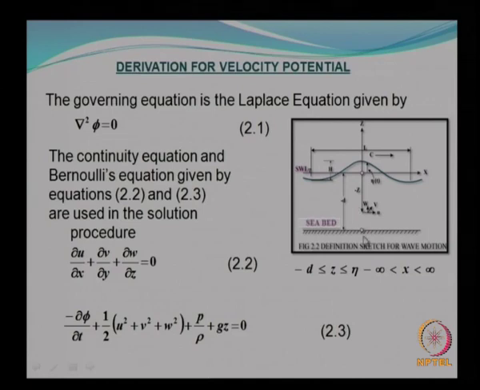So, any point in the fluid medium below the still water is referred to as minus z. Normally you will be interested in finding out the velocities due to the waves, or I would simply say the velocities or pressures etc. under the wave in the fluid medium which will be within this area, and suppose you are referring to this location, this point will be treated as minus z.